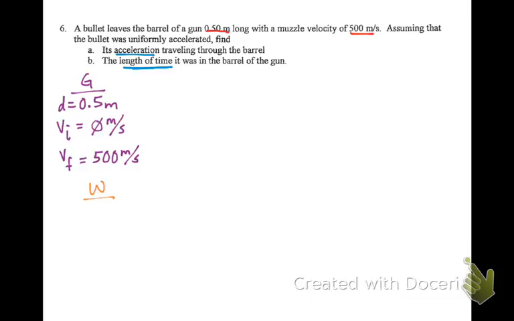Our wanted, so we're going to do part A first, is our acceleration. The equation that we're going to use deals with all of it: we've got our final velocity, our initial velocity, our displacement, and our acceleration. So we're going to use vf squared equals vi squared plus 2ad.